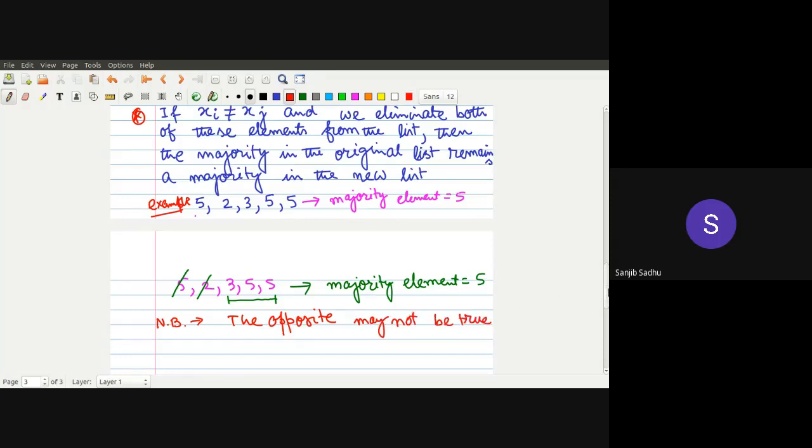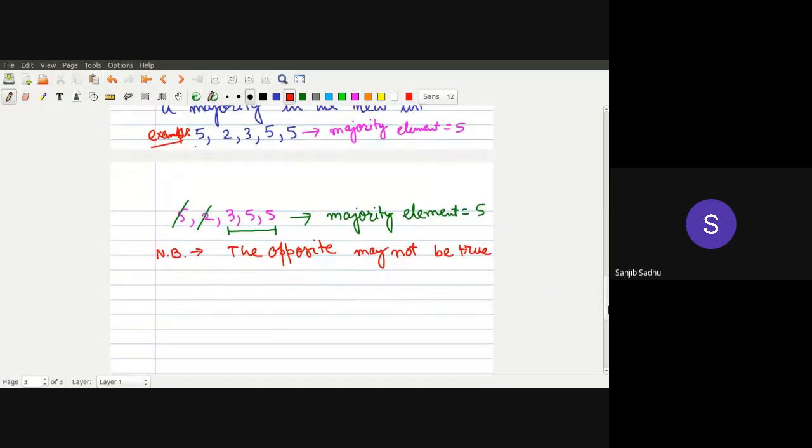That means, for example, 1, 2, 3, 5, 5. Does there exist a majority here? You check, no majority is there.